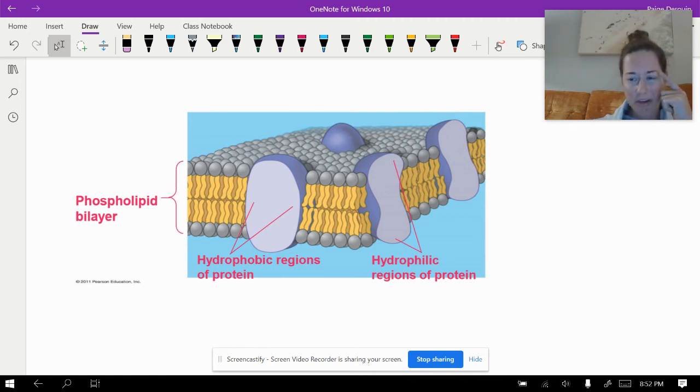So this is also another reason why it's really important that proteins fold correctly and that the correct amino acids end up in the correct order. Because if they don't, your membrane protein could fold wrong. And if it folds wrong, you will not be able to stick your protein into the center of the membrane, which means that you might not be able to transport something or communicate something or function properly.